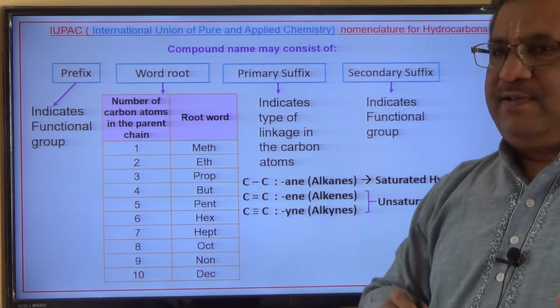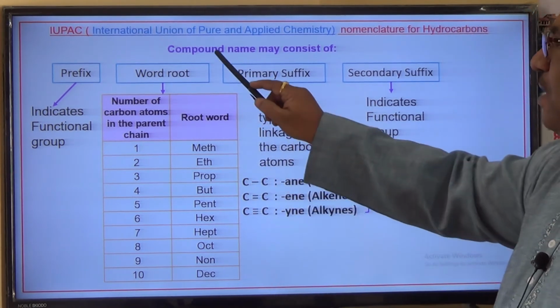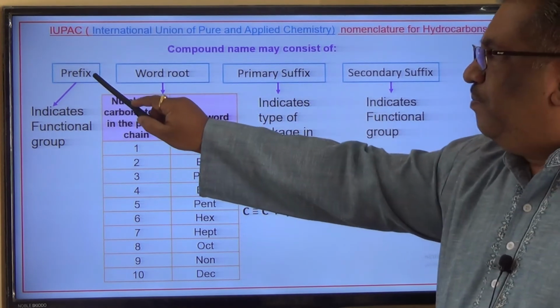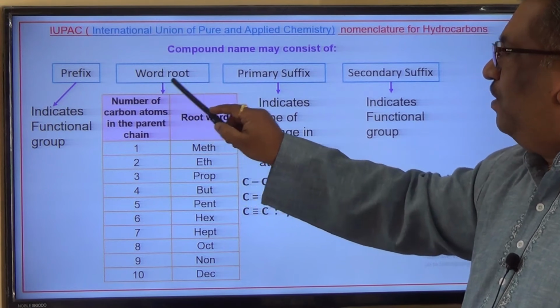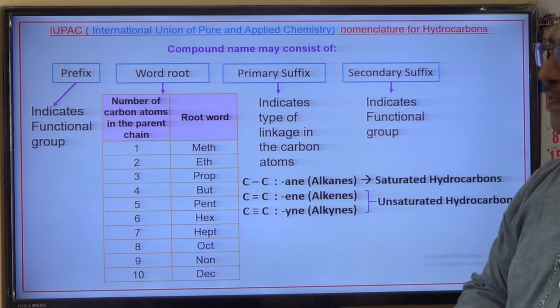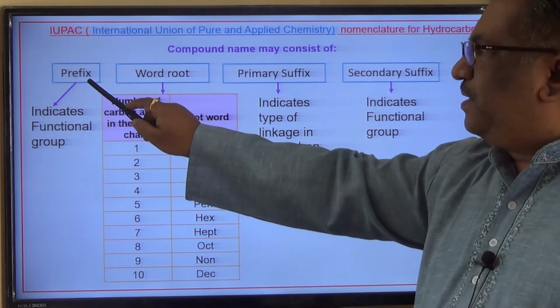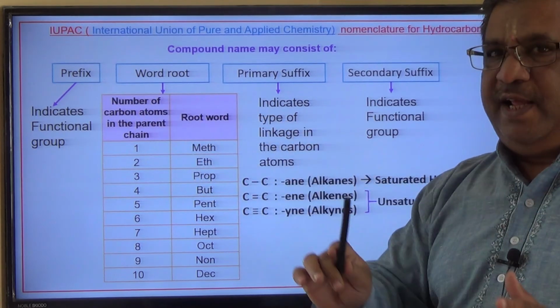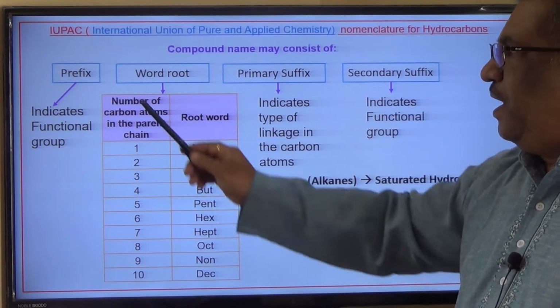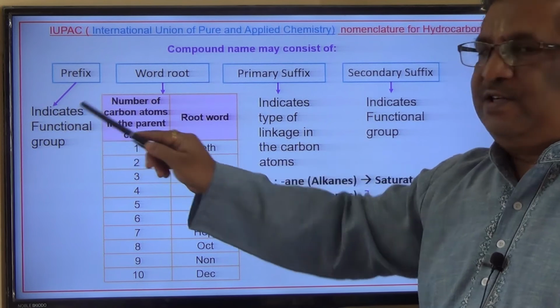What does it consist of? Generally, the compound name may consist of prefix, word root, primary suffix and secondary suffix. Prefix refers to the phrase used before the word root and it is used to indicate the functional group.